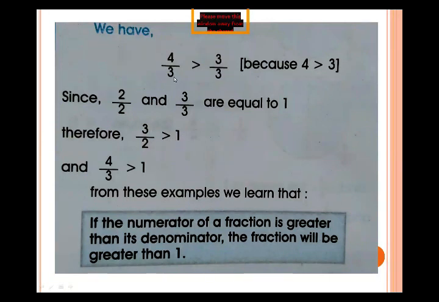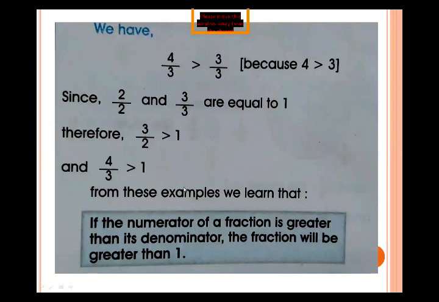In the same way, we see here 4 upon 3. Again look at here, the numerator is greater than 3. It means this fraction is greater than 1, because its numerator is greater than the denominator. So we say 4 upon 3 is greater than 1.